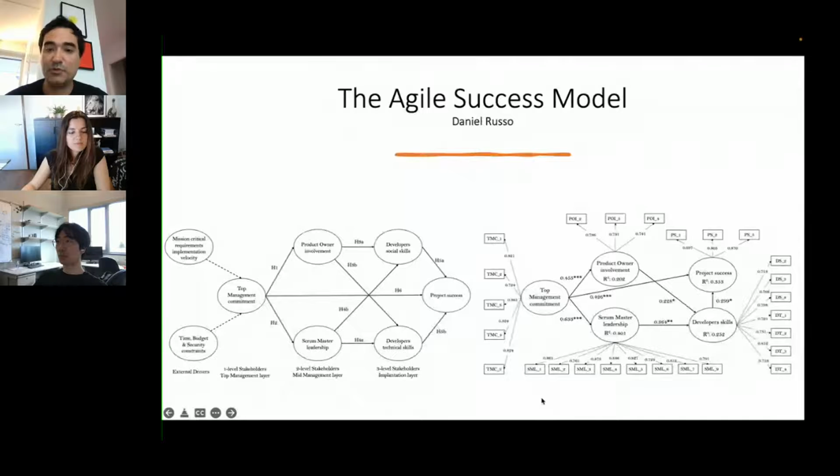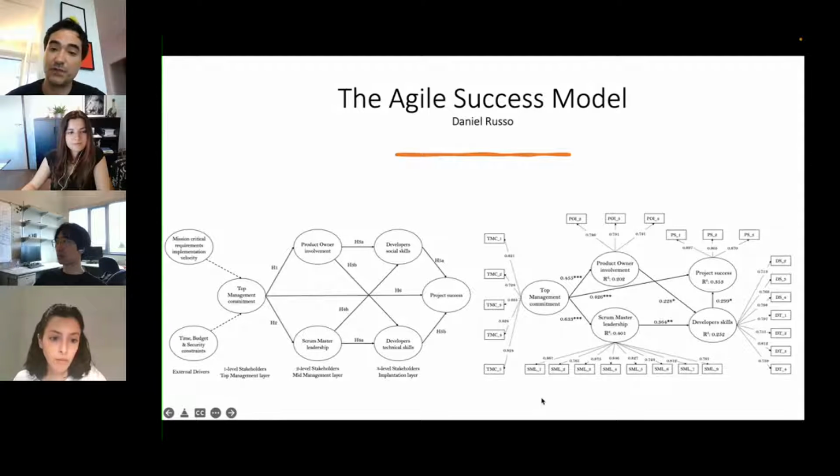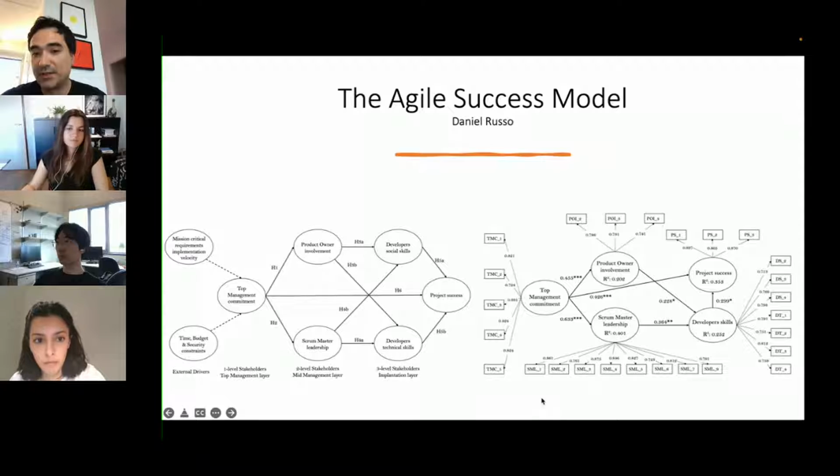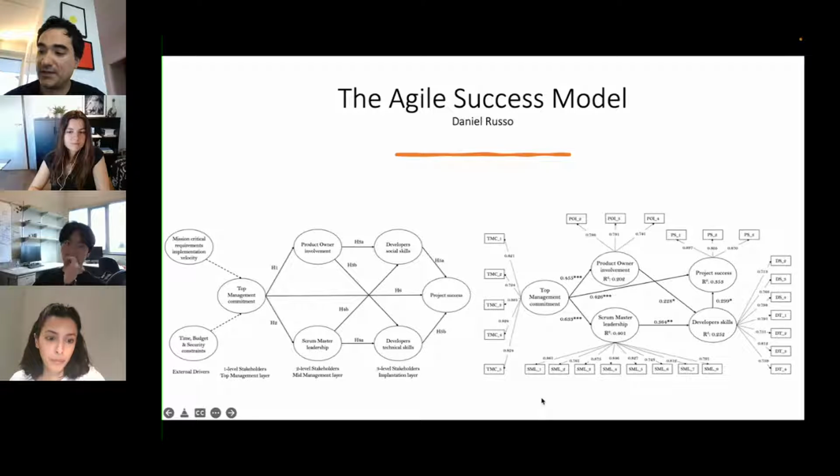That is a way to operationalize latent variables through surveys and enables researchers to understand very well the dynamics between these different actors involved. There are a number of recommendations that I also have in the paper that I will not show and discuss right now.